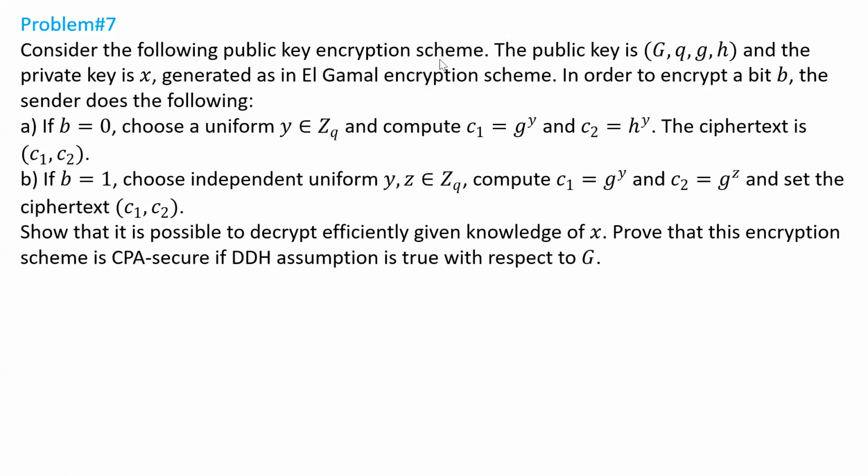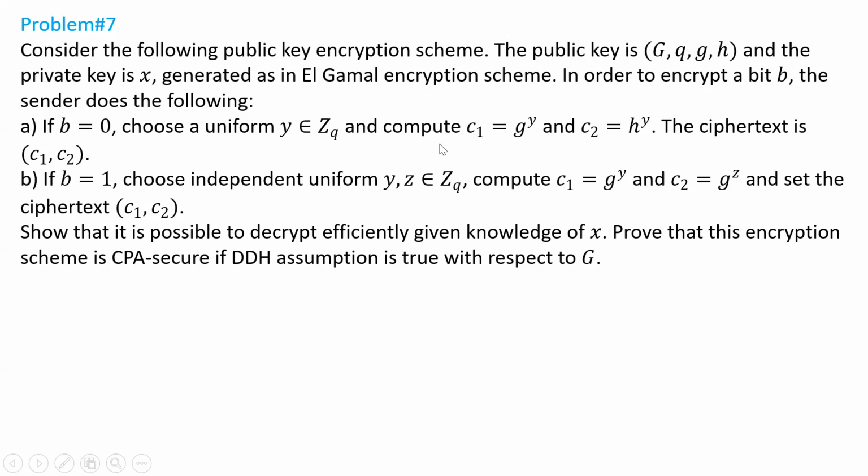This is according to the standard El Gamal encryption scheme. Now, if you see together the triplet h, c1 and c2, h is of the form g to the power x, c1 is of the form g to the power y, and c2 is of the form h to the power y, which is equal to g to the power xy, because h is equal to g to the power x.